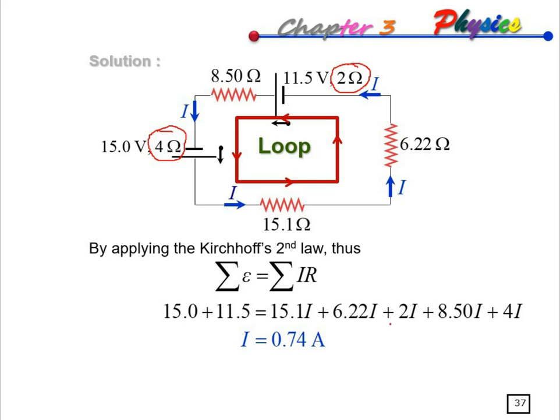Here we have 2I plus 8.50I plus 4I. So the total current that flows in the circuit equals 0.74 ampere. So now we have the final answer for the current, 0.74. The direction is anti-clockwise.